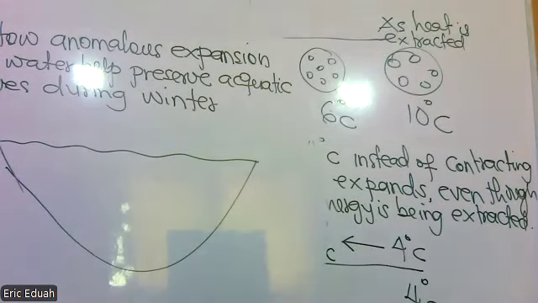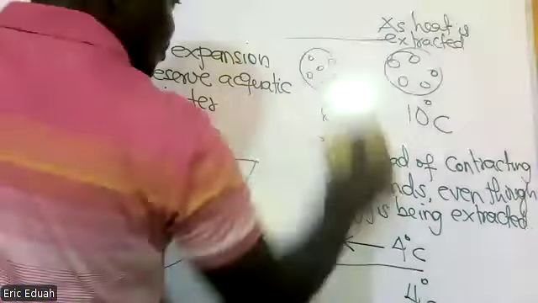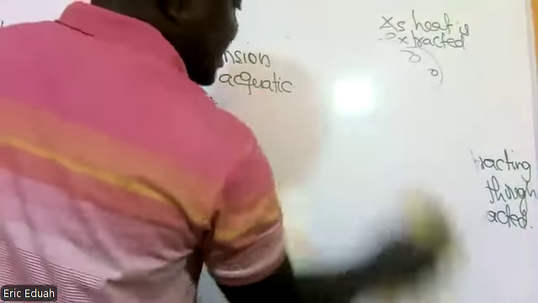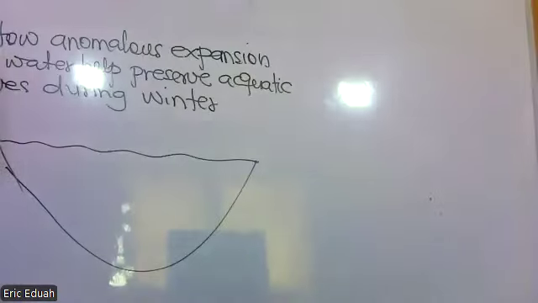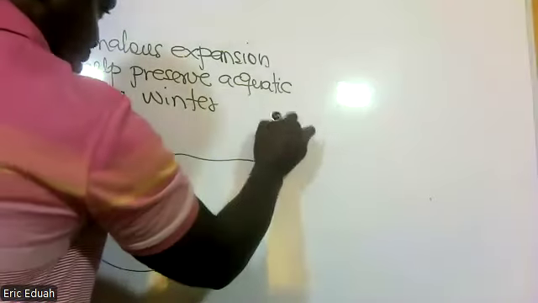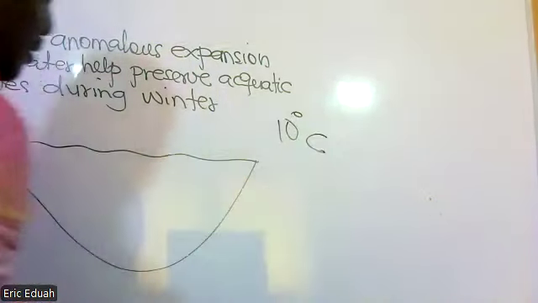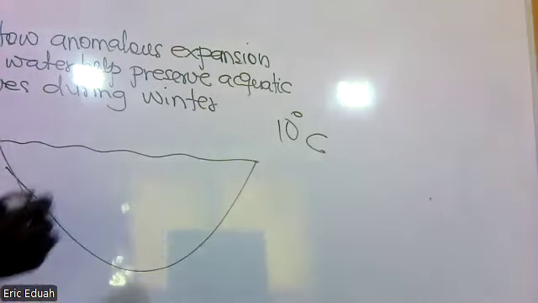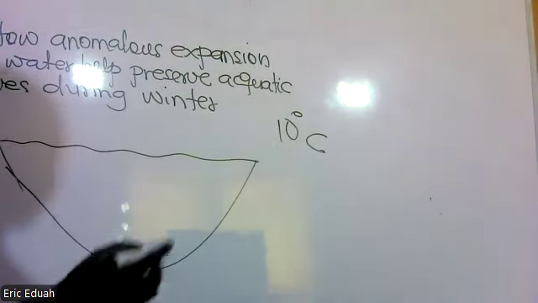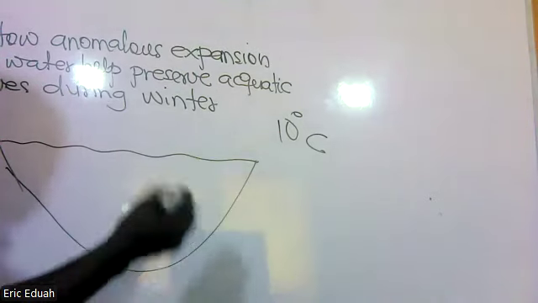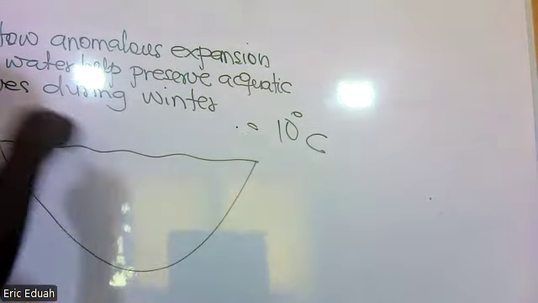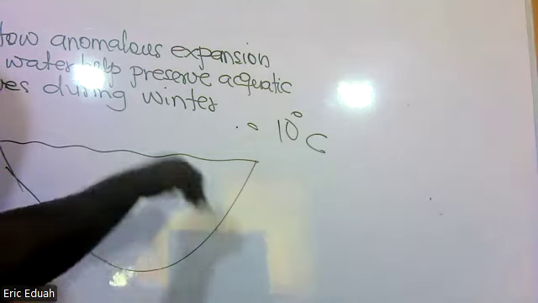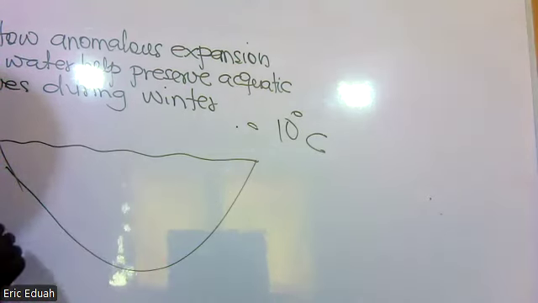So let's assume we are starting from when the temperature of the weather is 10 degrees Celsius. During winter, the temperature of the surrounding is cooled from 9, 8, and the water body is being cooled.